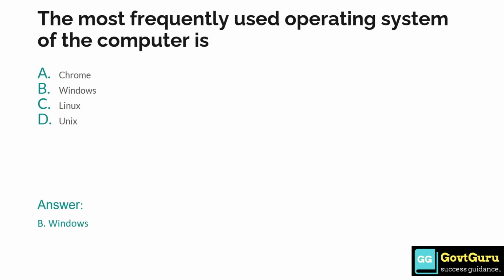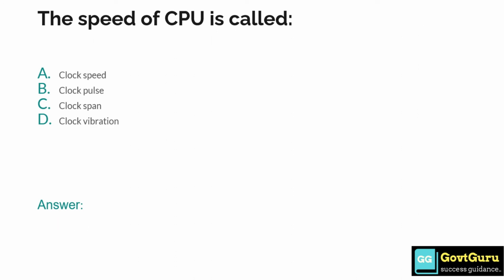So the answer is option B, that is Windows. The speed of the CPU is called option A clock speed, option B clock pulse, option C clock span, and option D clock vibration. So the answer is option A, that is clock speed.